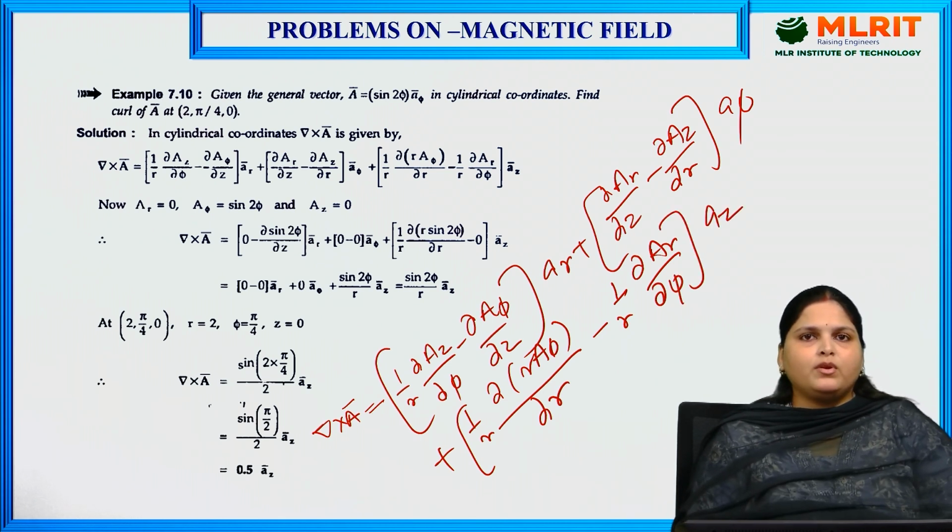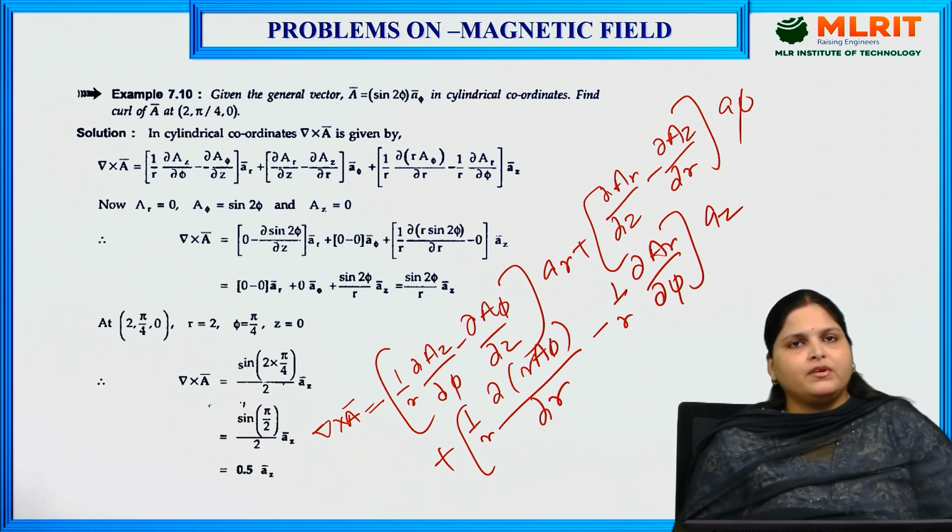So this is the formula of the curl of vector A in the cylindrical coordinate system.